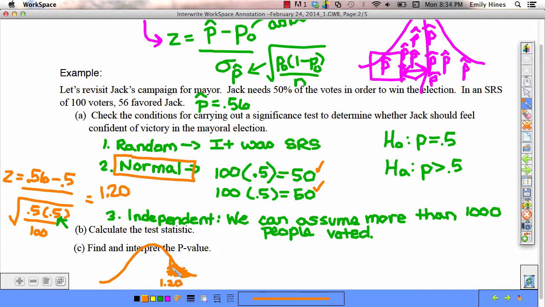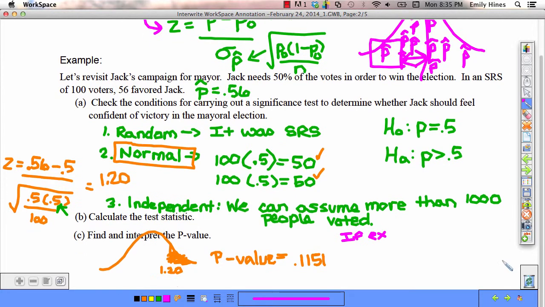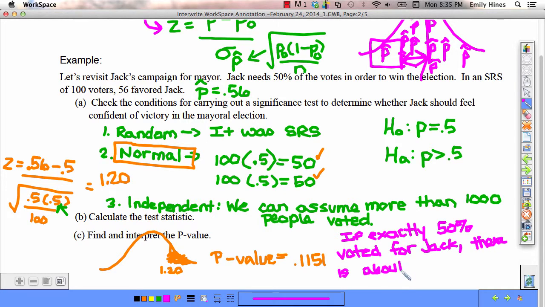Or my good old trusty calculator, and I'm going to get a p-value of about 0.1151, which means that if exactly 50% voted for Jack, so if my null is true, there is about an 11.5% chance that 56% would vote for him in a random sample of 100.